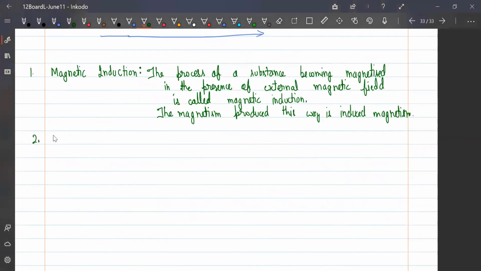The next definition is of flux density, the same thing as magnetic flux.